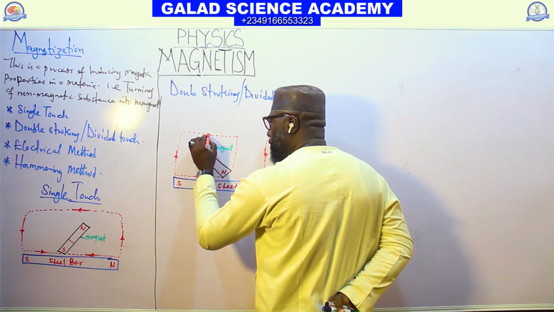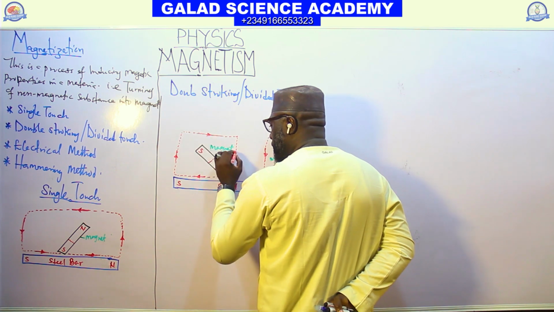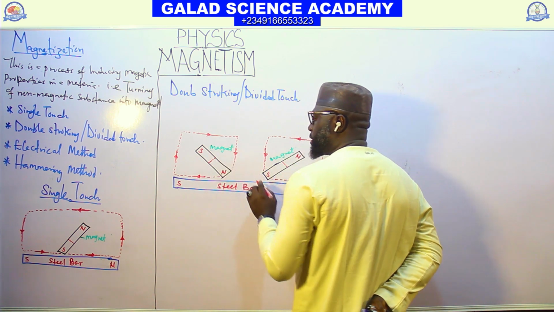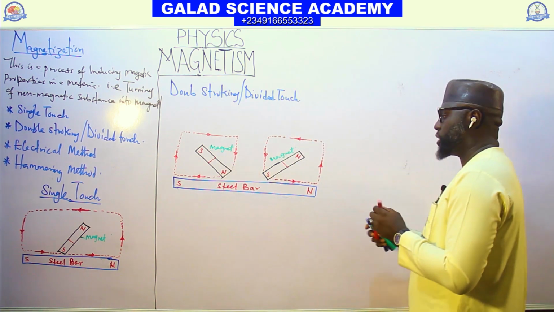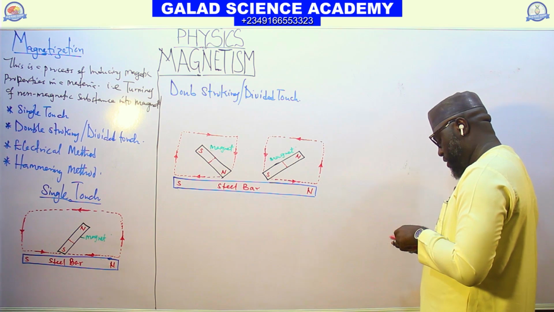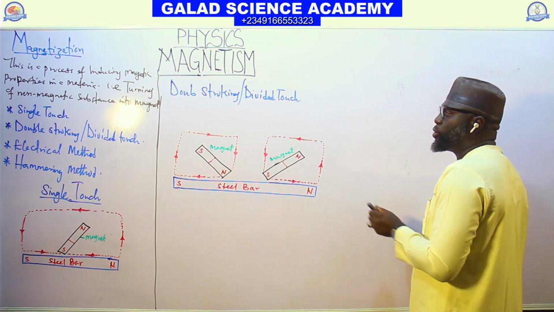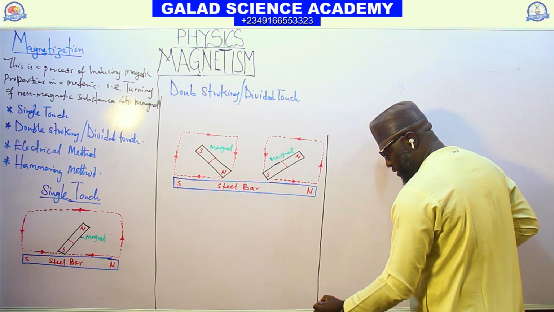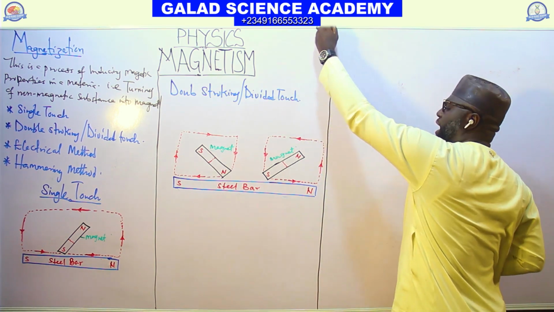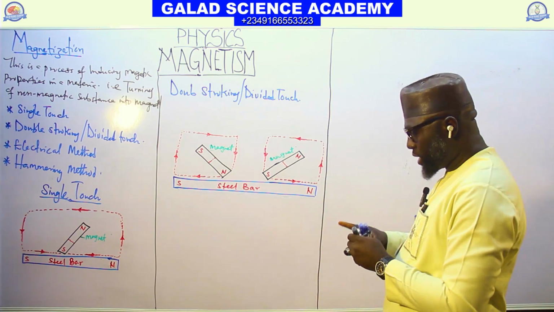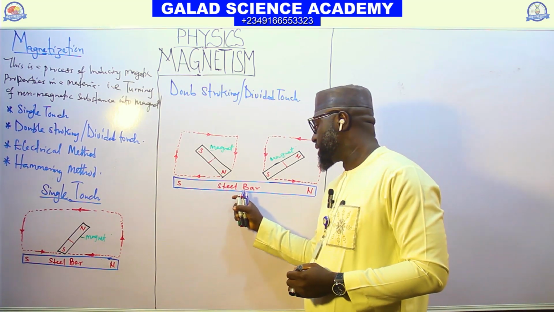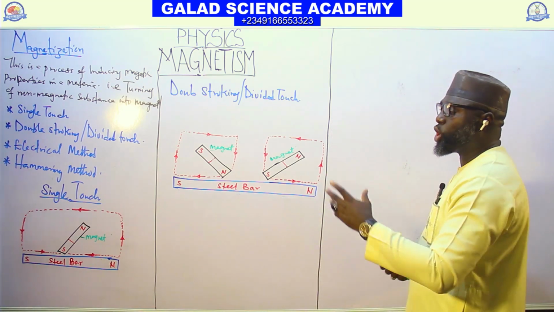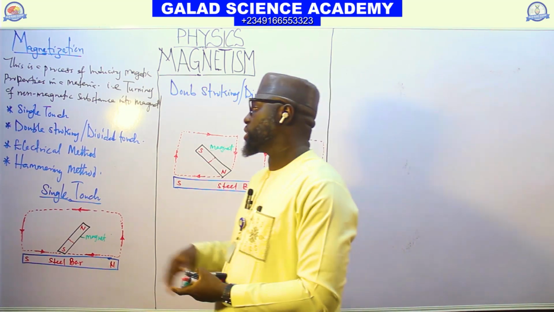It will go like this. And these two will come like this. This is the diagram of double stroking. So after doing it in this form, the steel bar will become a magnet.